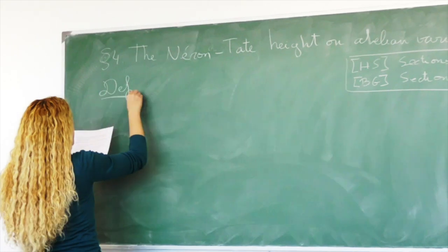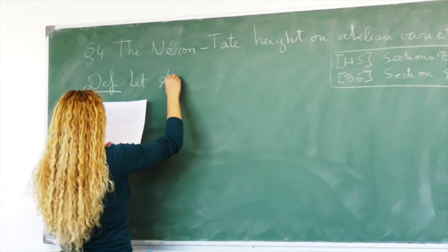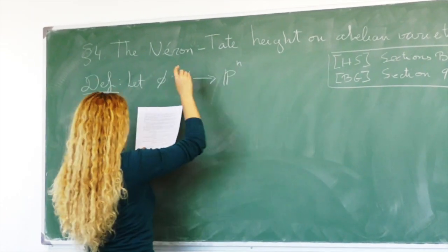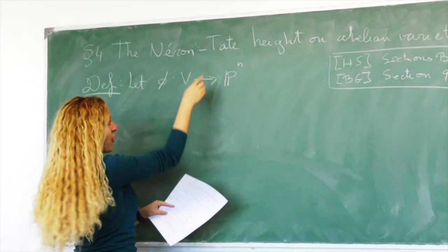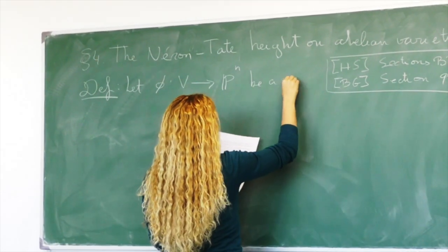Definition. Let phi from V to Pn be a morphism, where this time V is a variety.